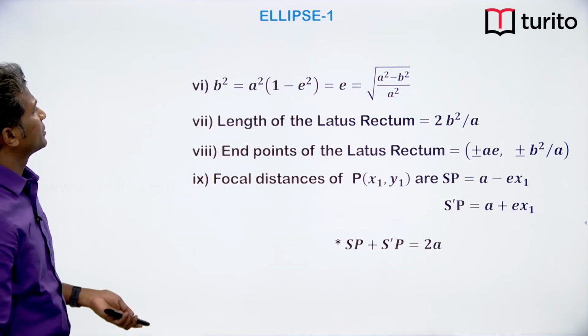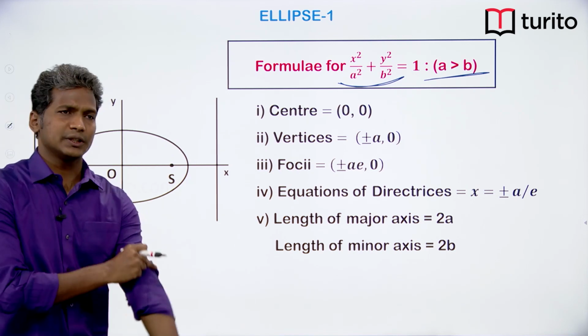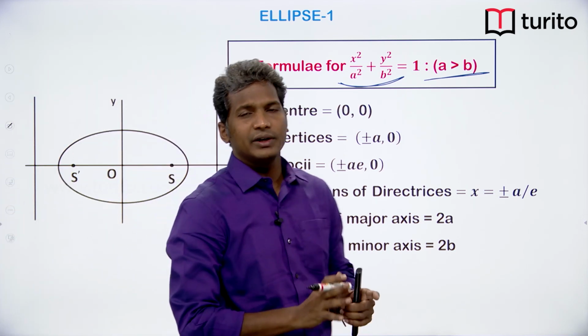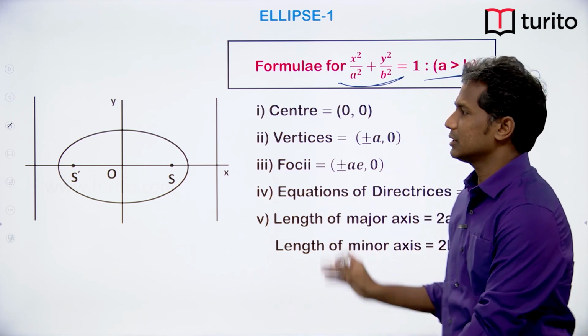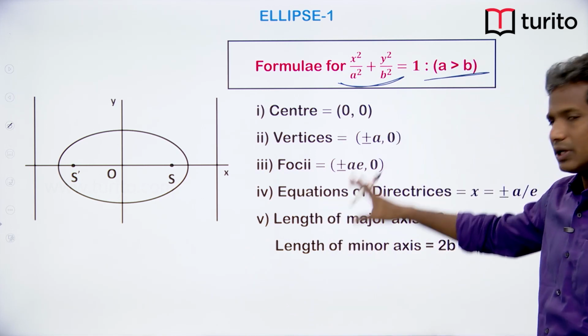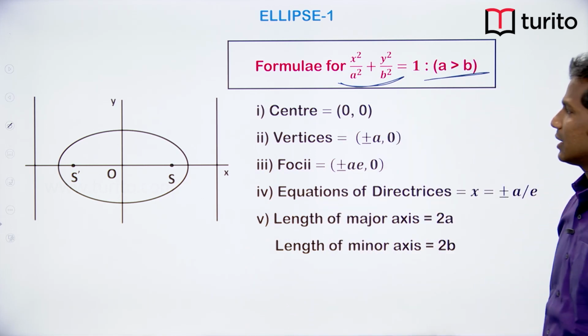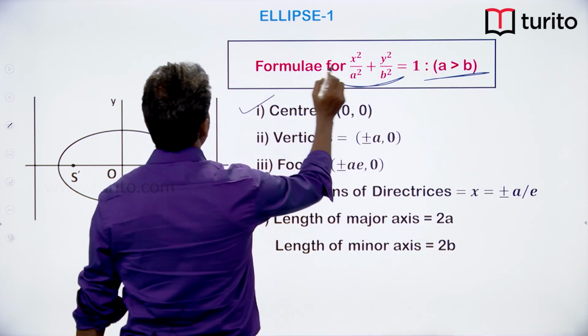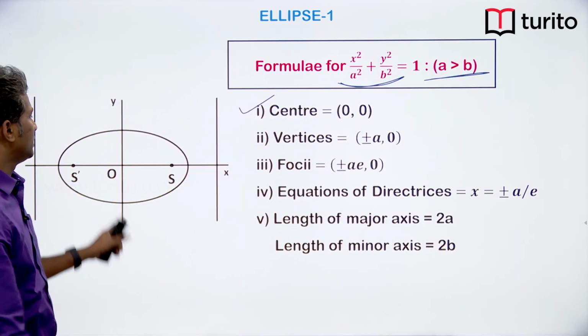Now let us go back and try to work out the terminology. We have had a very strong discussion about the terminology, so let us just shortlist all of them, a quick review. The center here is (0, 0), we learned it.